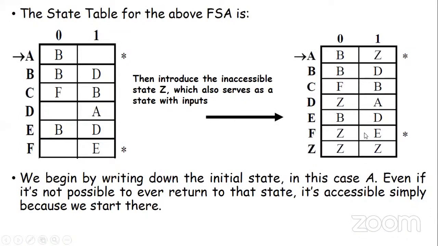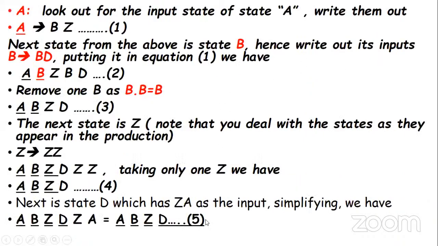This diagram is what we are trying to work with. What we want to do is to remove the inaccessible states. So we begin by writing the initial state, which is represented by this A. So here, you write out the initial state A.